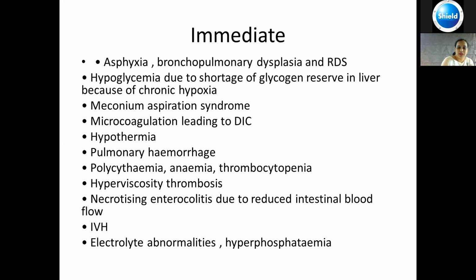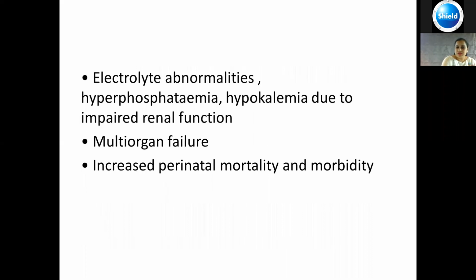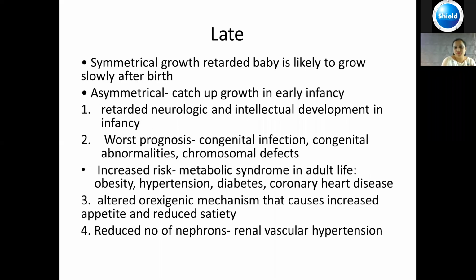Hypothermia can occur, pulmonary hemorrhages, intraventricular hemorrhages, hyperviscosity, thrombosis, necrotizing enterocolitis of the intestines, electrolyte imbalance and hypophosphatemia. So multi-organ failure, and perinatal morbidity and mortality. Nowadays, maybe because of the technology we have, we're not seeing much, but it has to be mentioned, especially if neglected or if any other maternal complications are very severe.